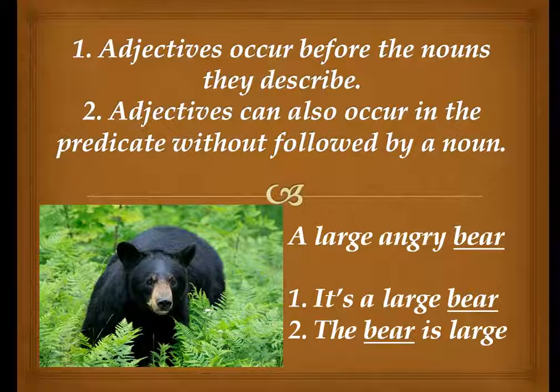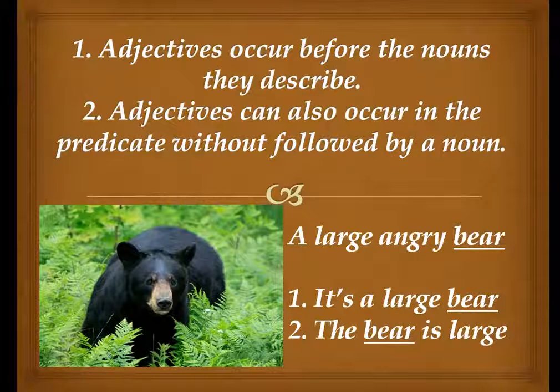For example, a large angry bear. In this sentence, bear is the noun. Look at it, a large bear. The word large comes before the noun, and it is the adjective.